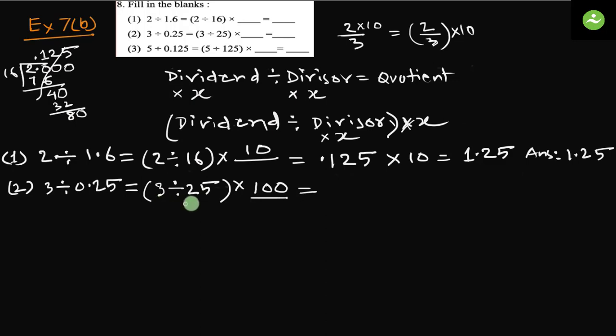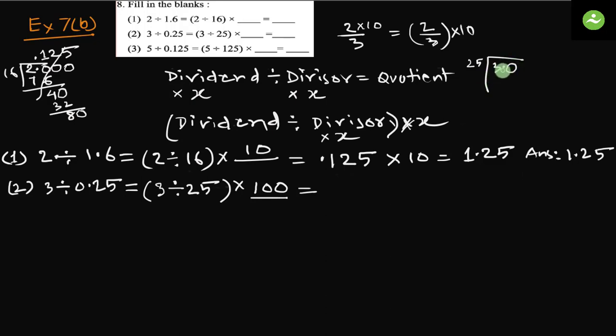now do the division, divide 3 by 25. Because it is small, we convert it to a decimal fraction.